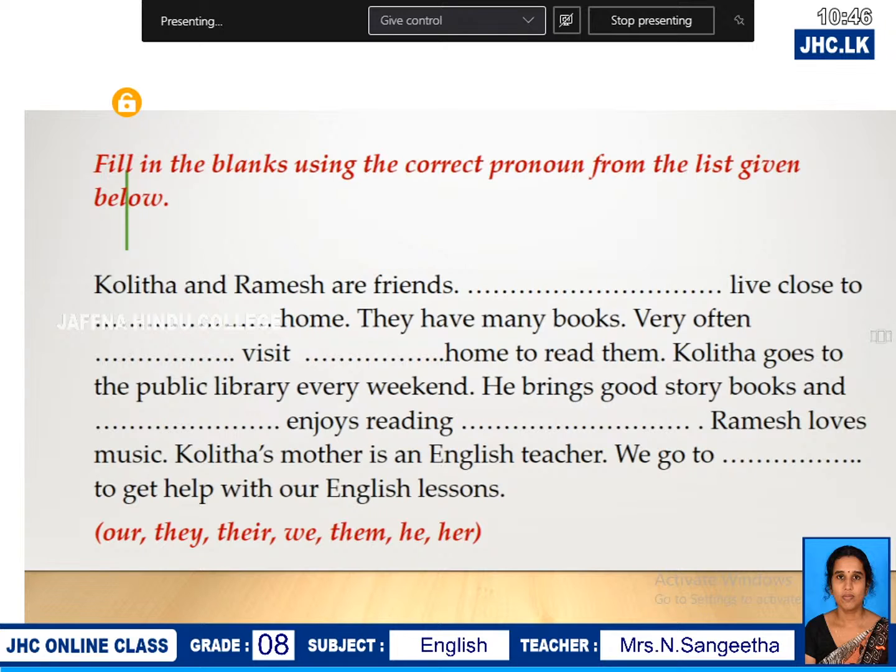He brings good storybooks and dash enjoys reading dash. Ramesh loves music. Khalida's mother is an English teacher. We go to dash to get help with our English lessons. Right. The pronouns given are our, they, their, we, them, he, her.